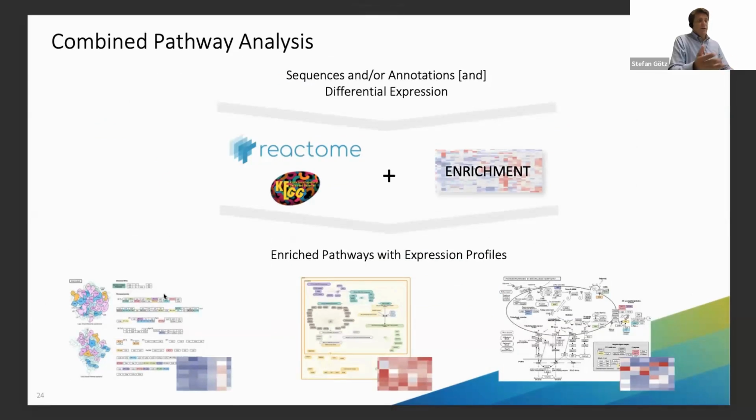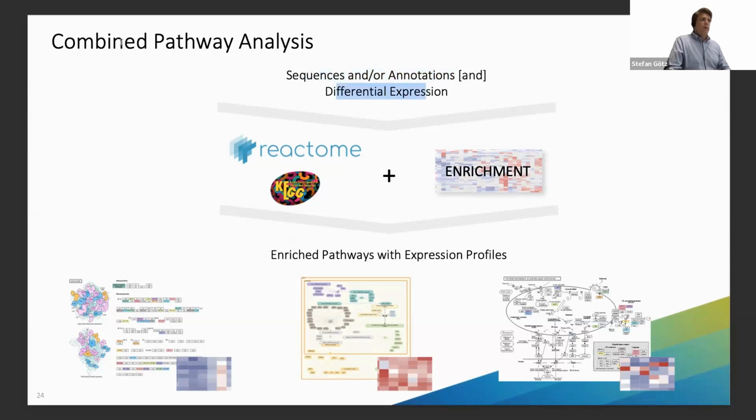And then last but not least, in OmicsBox, we have this nice combined pathway analysis, which allows you to go in with just sequence data, and particularly interesting is the "or", because you can go in with sequences without annotations, or you have an annotated set of sequences, and you can combine it with your expression data.